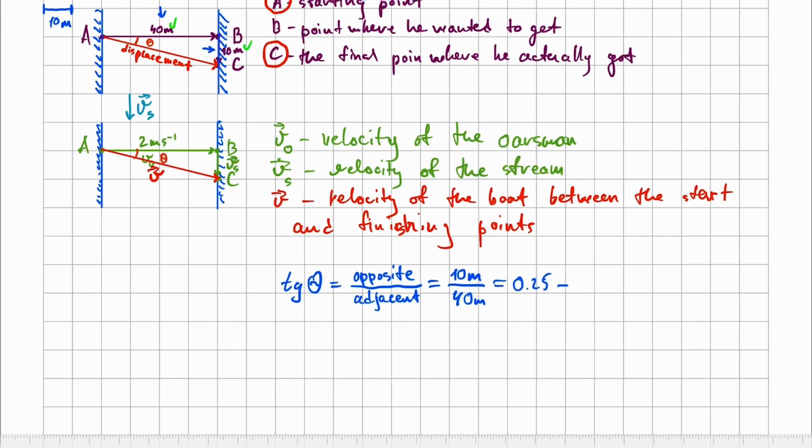0.25. But what you haven't understood yet is that we can actually use this tangent for the second diagram, because the opposite side of the second triangle that we have is this. And this is, guys, the velocity of the stream.